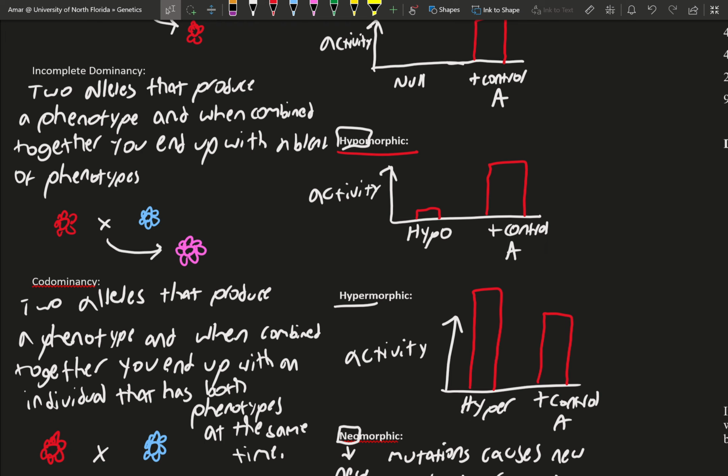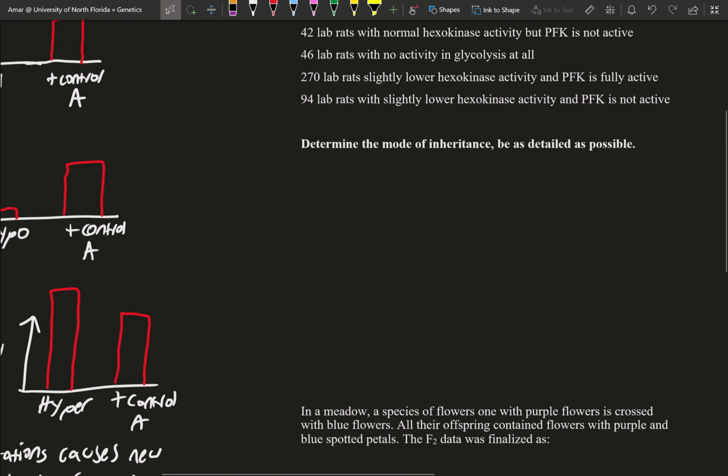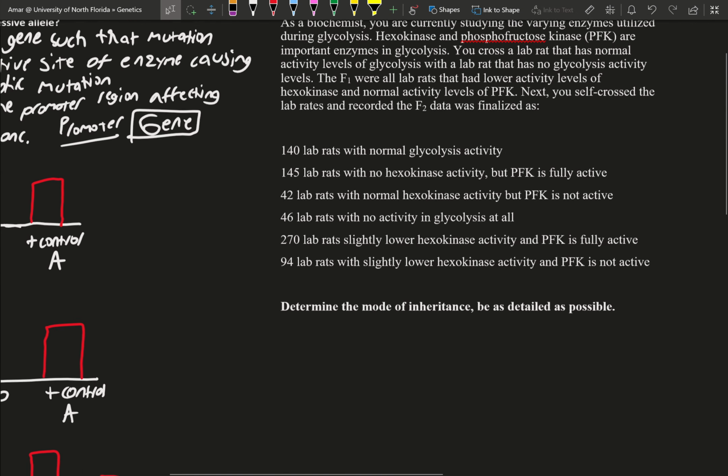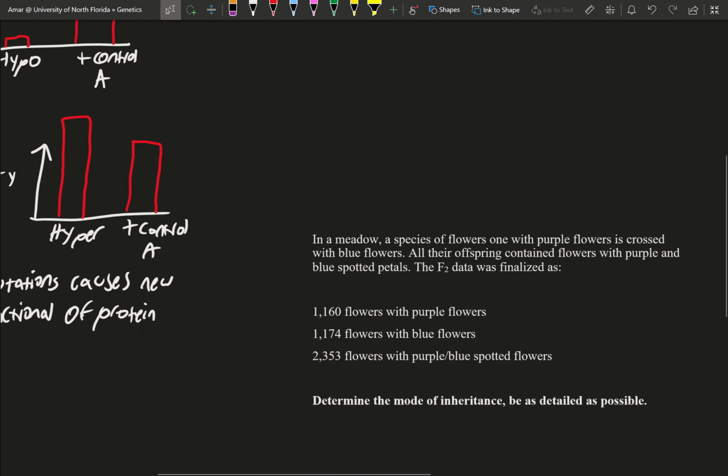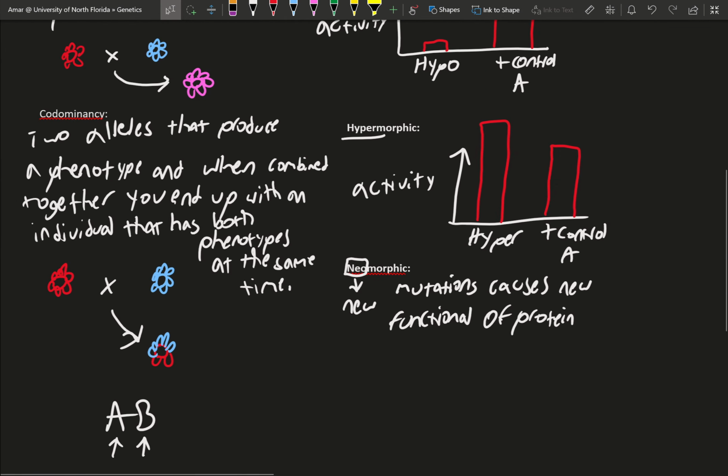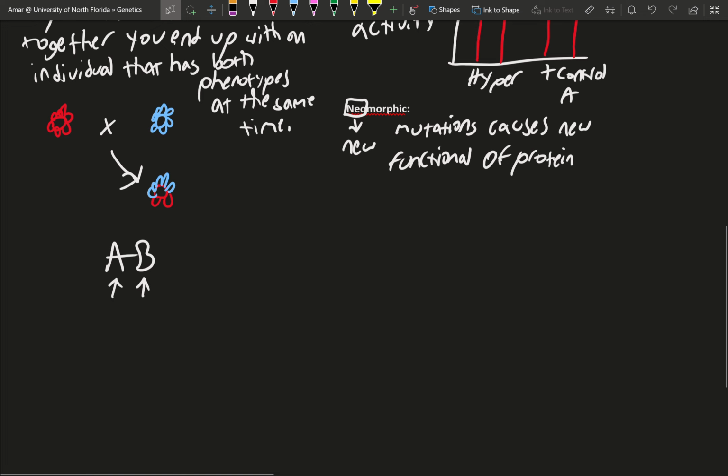But now let's see if we can figure out how to interpret data to determine if a trait has incomplete dominancy or codominancy, such as in these problems right here. Before we do anything with that, I just want you to remember something about independent assortment and how you cross these individuals together.